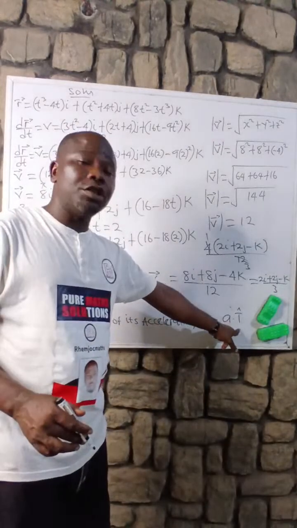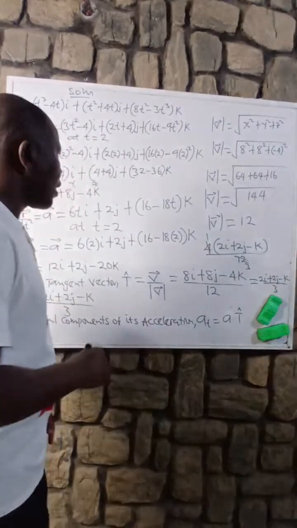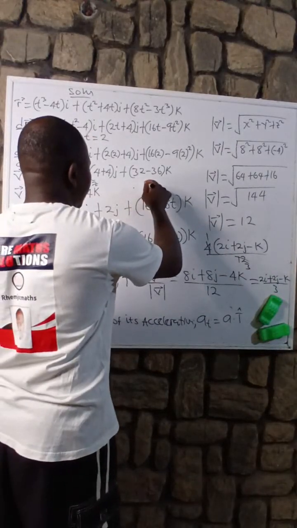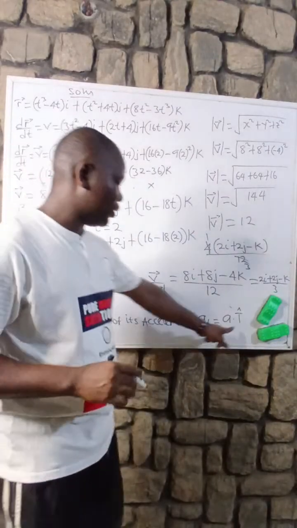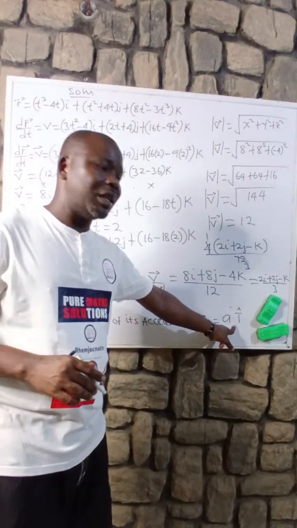Mind you, in vectors, there is a difference between dot and cross. It is not multiplication, it's dot. Do you understand? Are you following?